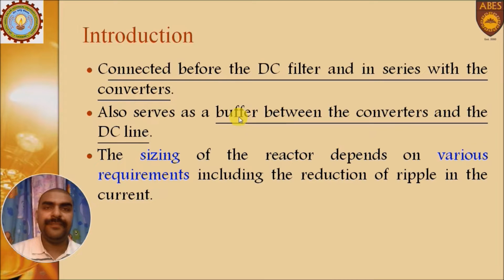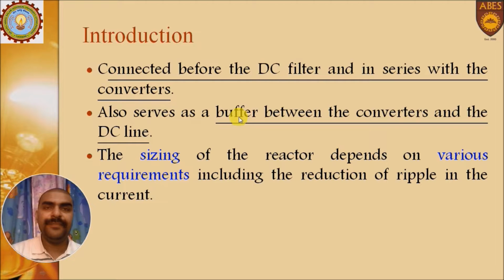Since it is connected before the DC filter, and the property of inductance is that it opposes the instantaneous change of current, it serves some other functions also. Due to its importance at the converter station, its sizing is the main concern.